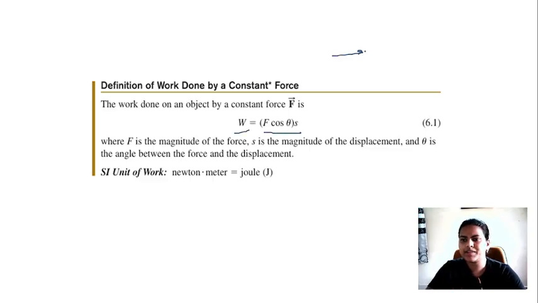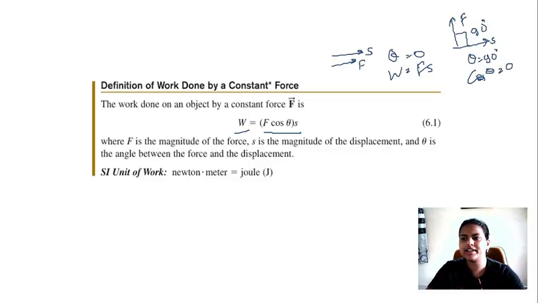If the displacement and the force have a 0 angle, theta equals 0, then the work is equal to Fs, because cos 0 is 1. If displacement and force are acting at 90 degrees, then cos 90 degrees is equal to 0, so the work is equal to 0.